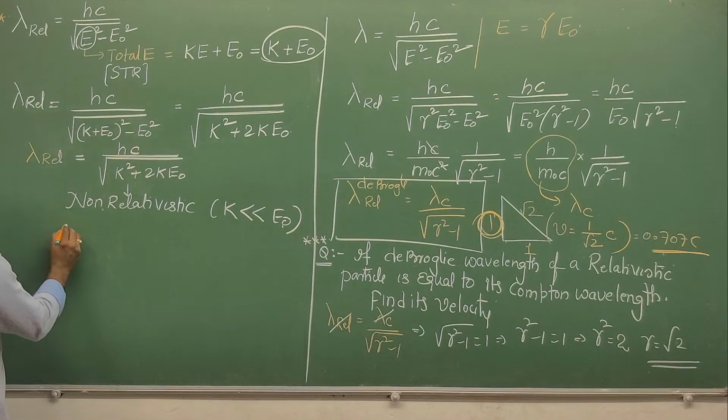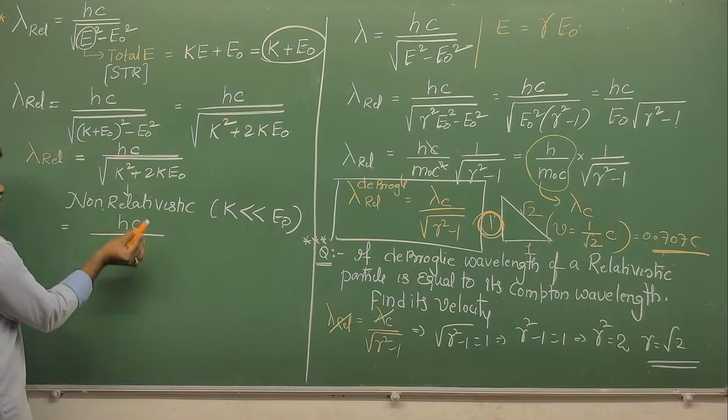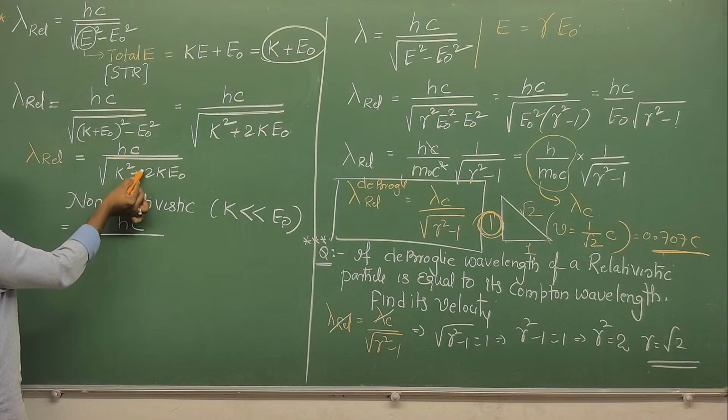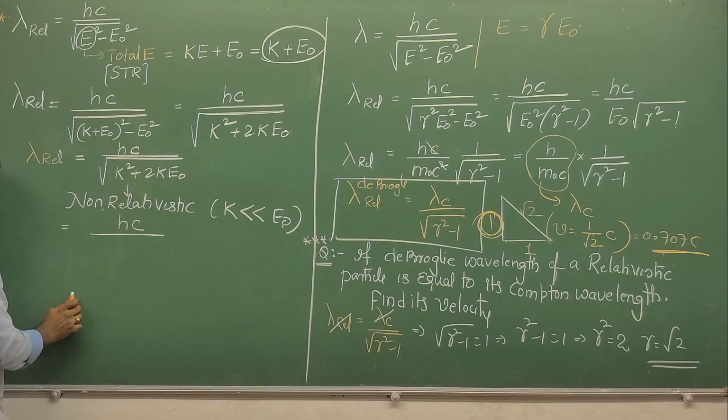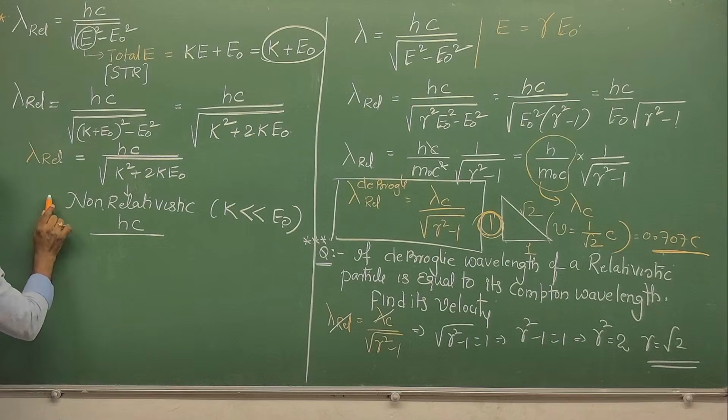Now hc over, I request everybody, please take out common 2K E naught. Up to this you got, write again, non-relativistic. Let us change. Every time I am writing, you are copying. Now you write, I will copy.